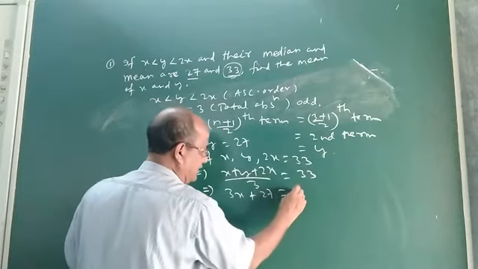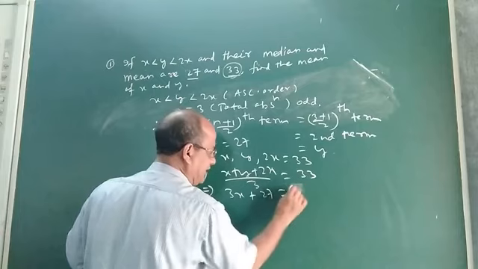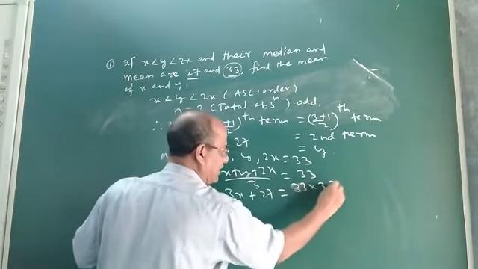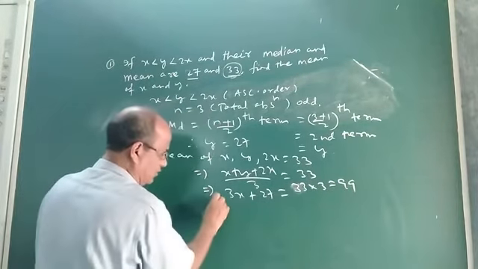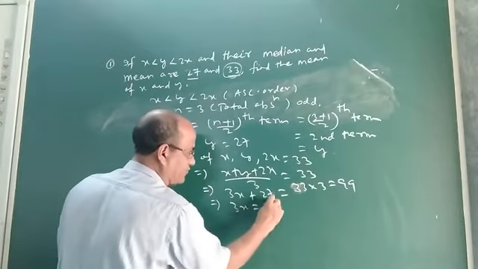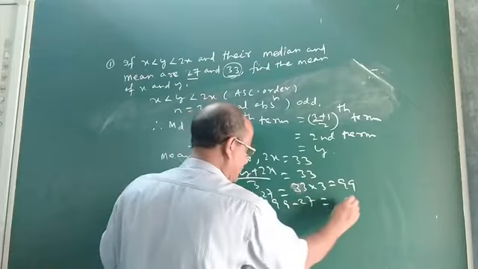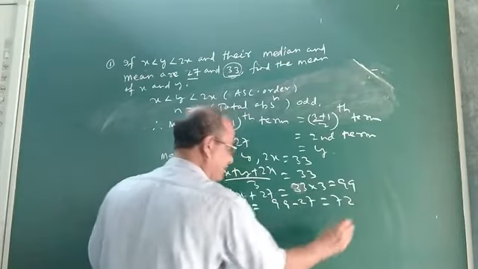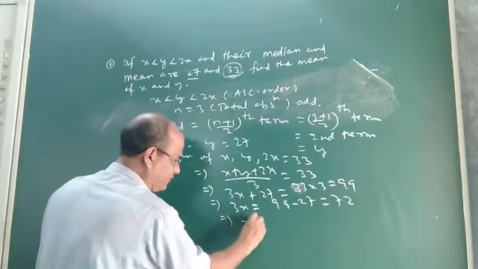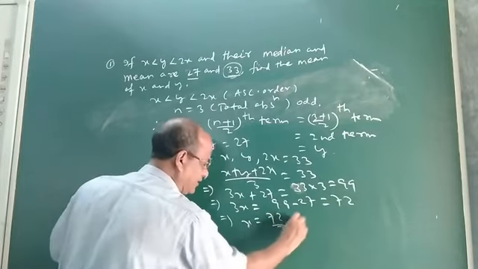So it is 33 into 3, which is 99. So 3x will be 99 minus 27, which is 72. So x will be 72 divided by 3, that is 24.